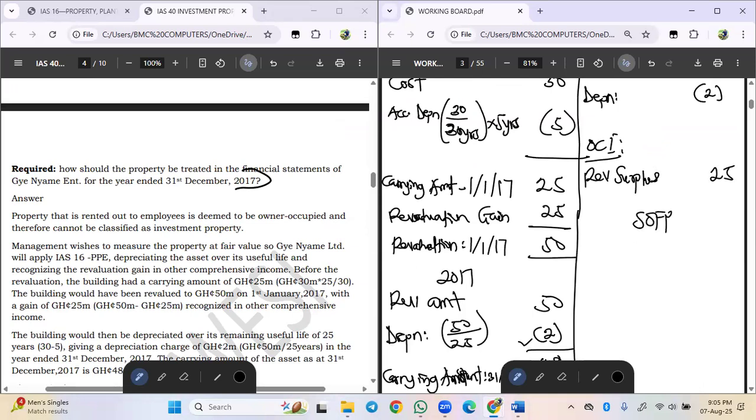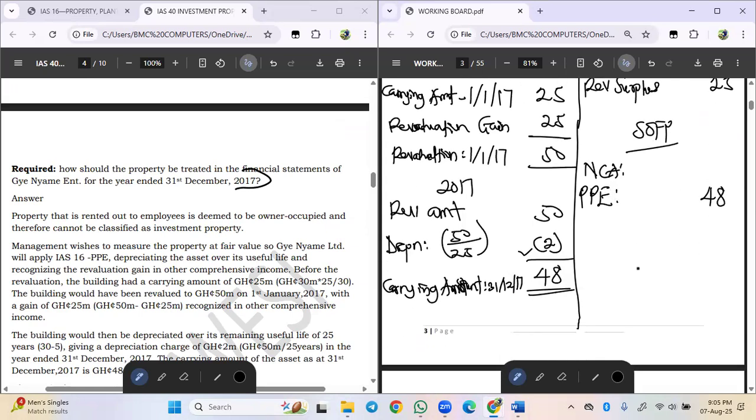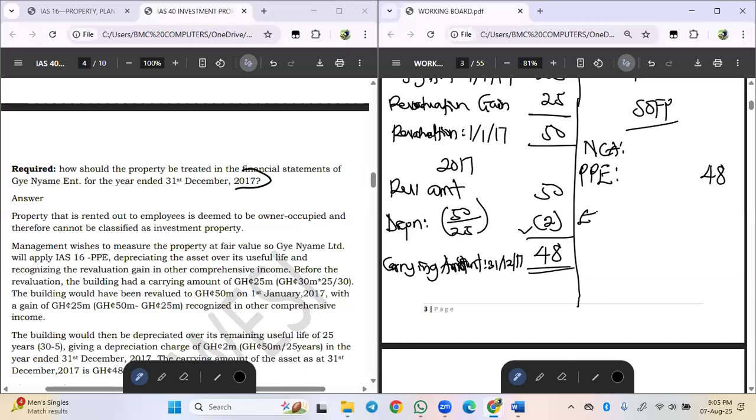Then SOFP, NCA, okay, PPE. So you value it at what? The revalued amount. Yes. Then the equity component will be the revaluation surplus of what? 25.